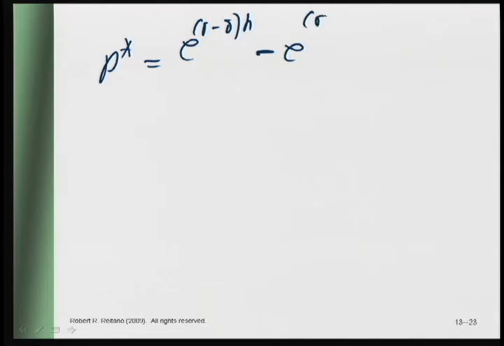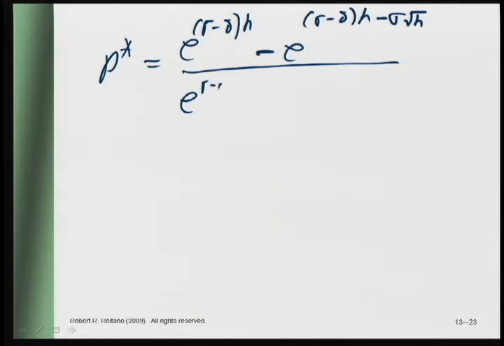We'll just look at the calculation. Recall that P star was equal to e to the (r minus delta)h minus e to the (r minus delta)h minus a standard deviation, because this is the D term. And then in the denominator, we have u, which is e to the (r minus delta)h plus sigma square root of h, and then subtract the D term.